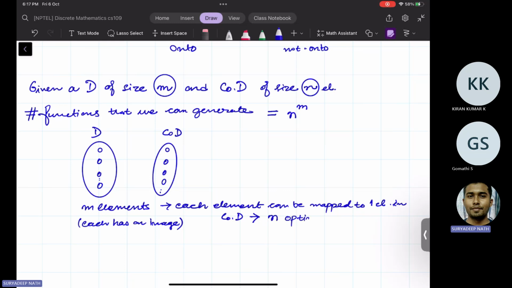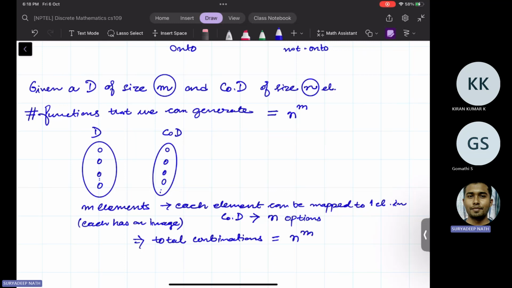For every element in the domain, it has n options to pick from, and the n options are the n elements in the codomain. So for every one of the m elements there are n options, and therefore we have n to the power m.